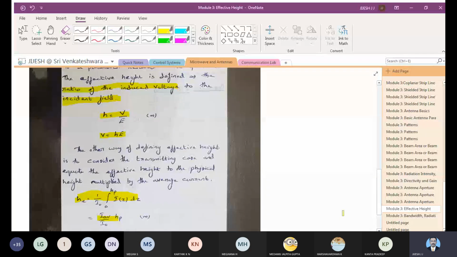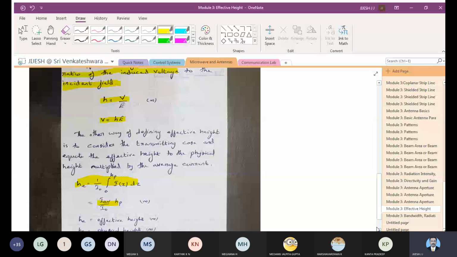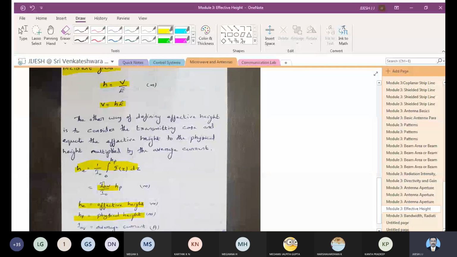HE is the effective height, and HP will be the physical height. HE is equal to I average divided by I naught, multiplied by HP. I average is called the average current. So effective height can be defined in terms of physical height as well as in terms of average current.